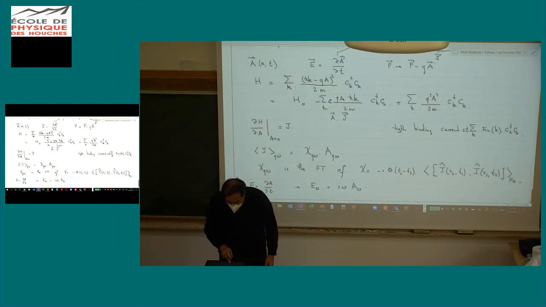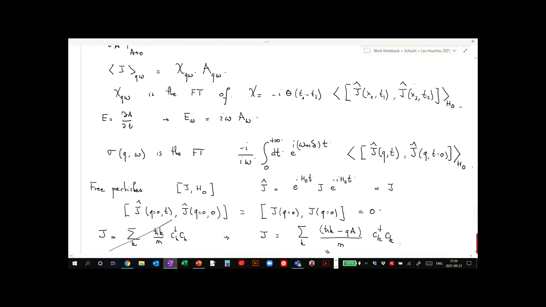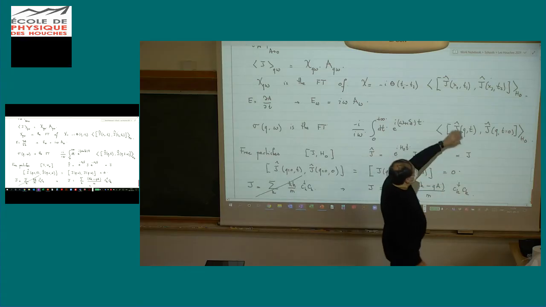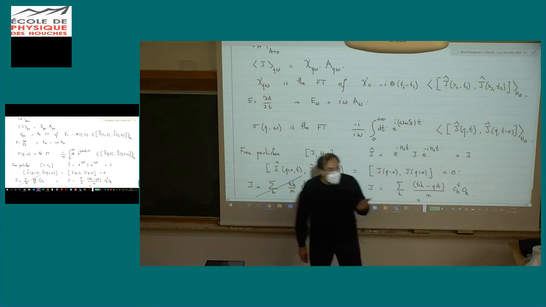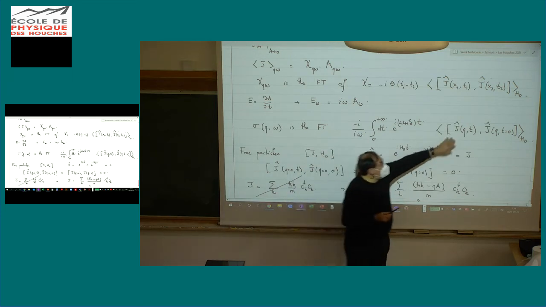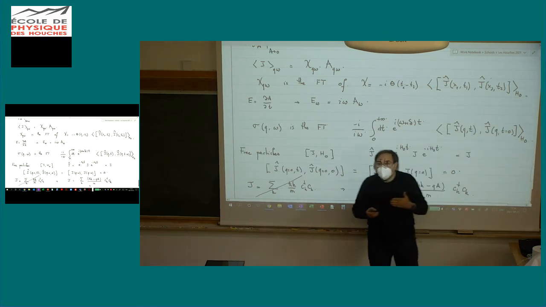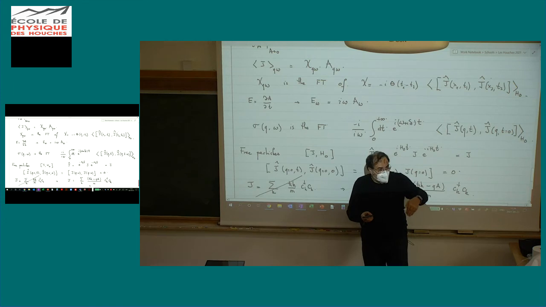Again, I insist on the fact that here we were looking at something which was a simple electric field and measuring the current. But of course, you can generalize this formula in any way you want. I can put the electric field along X and want to measure the current along Y. In which case, this will be JY, this will be JX. This is what you need to do for the Hall effect, for example.